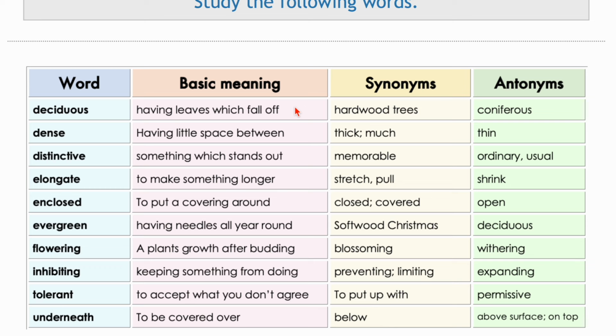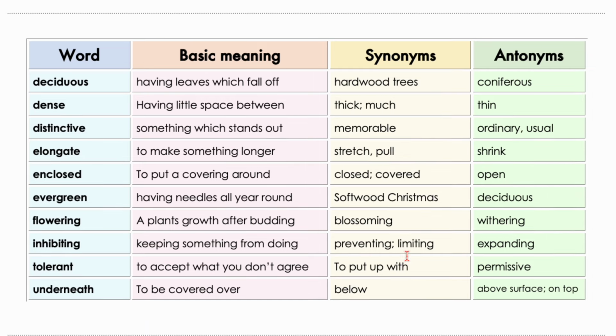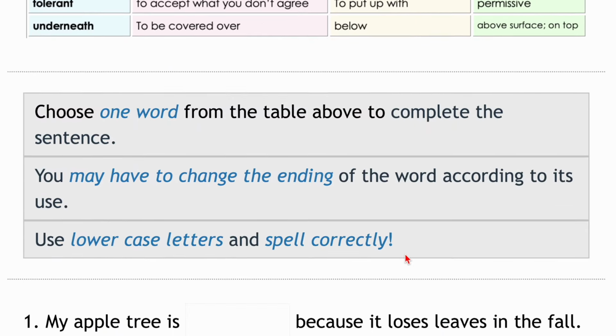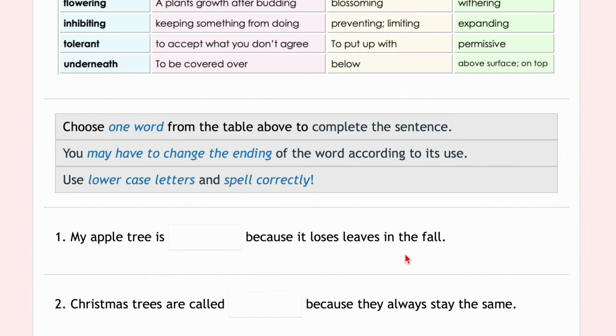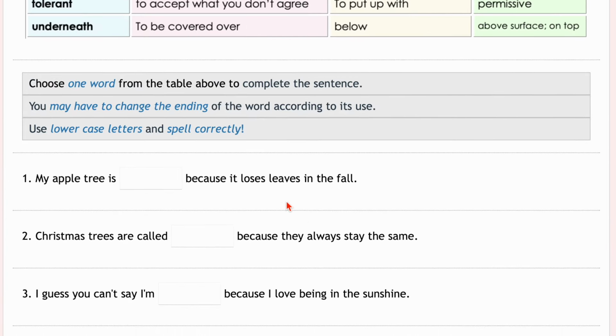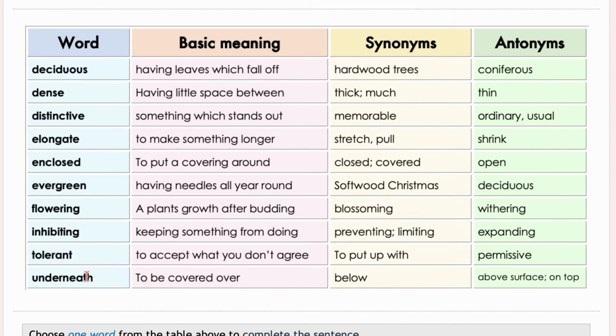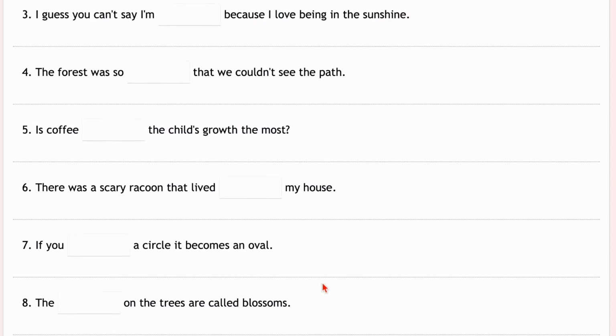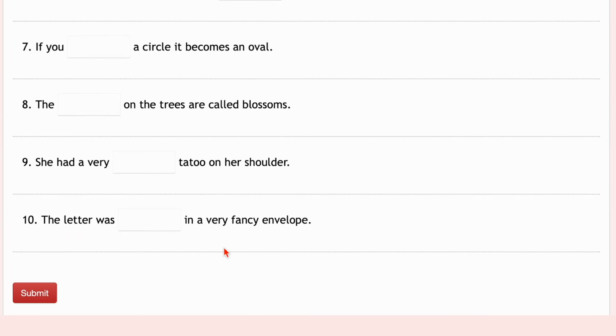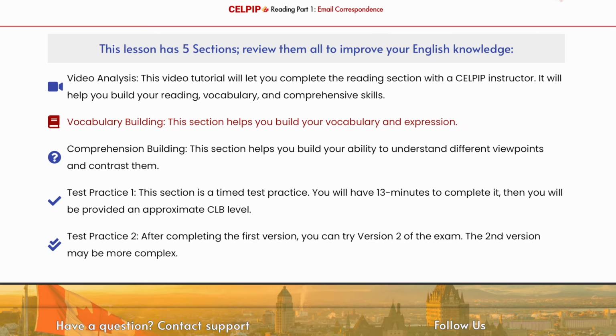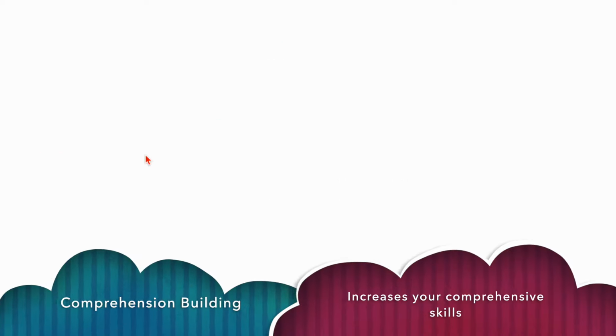This vocabulary practice chooses some words from the reading and gives you some explanations about them. Then the best part is that there are some sentences that you need to complete using one word from the ones you learned. Very great exercise, and I recommend that one. Then we have comprehension building.